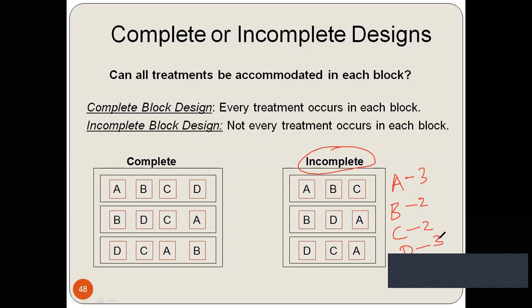So how many groups of replication are there? One group has 3 replicates, the other group has 2 replicates. So this is called partially balanced.